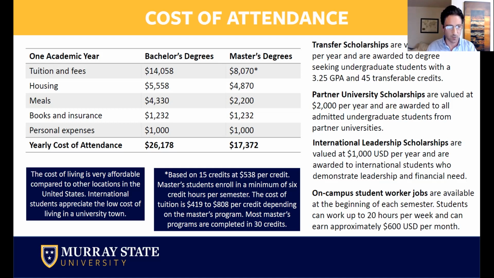They can work up to 20 hours a week, and they can earn a pretty good amount of money. They can earn about $600 per month from working on campus. So this is another way that it helps students with their budget, and the jobs are easy to find. At the beginning of each semester, the students come here and they're able to find jobs.